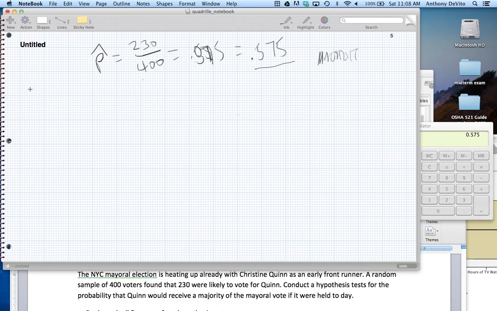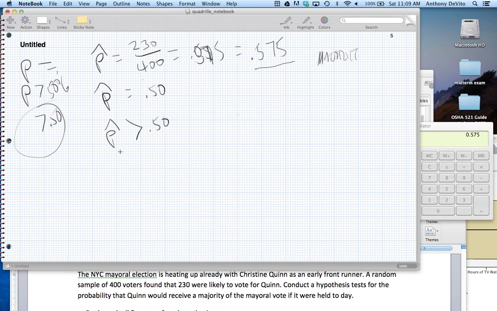A majority is a number P greater than 50%, or greater than 0.50. So the real test here is: is P equal to 0.50, or is P greater than 0.50?